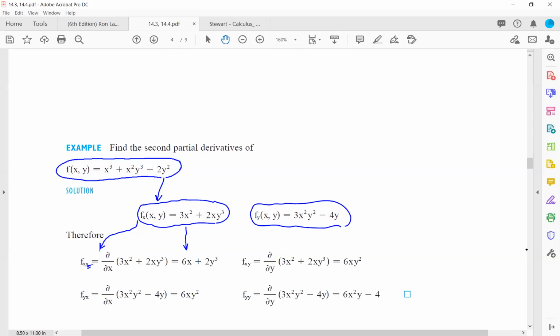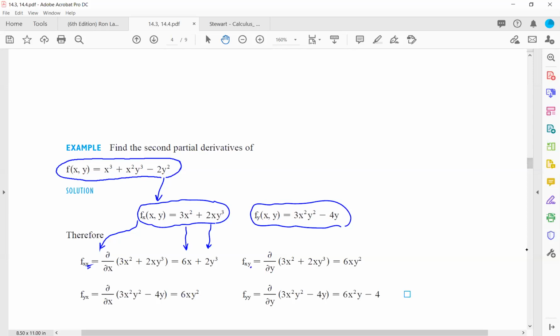The derivative of 2x y cubed with respect to x is 2y cubed. Now we want to take the derivative of the function with respect to y.